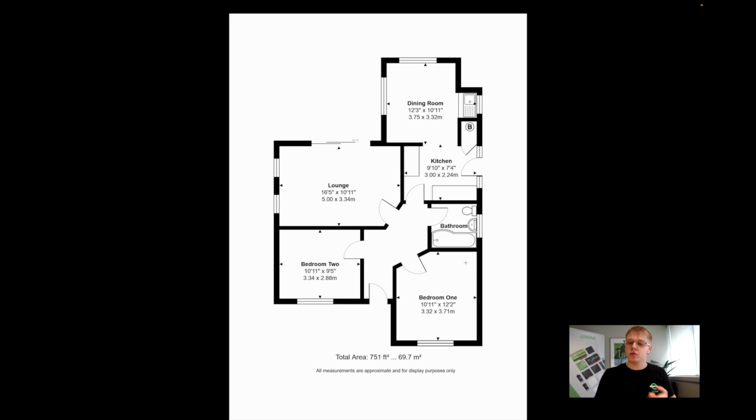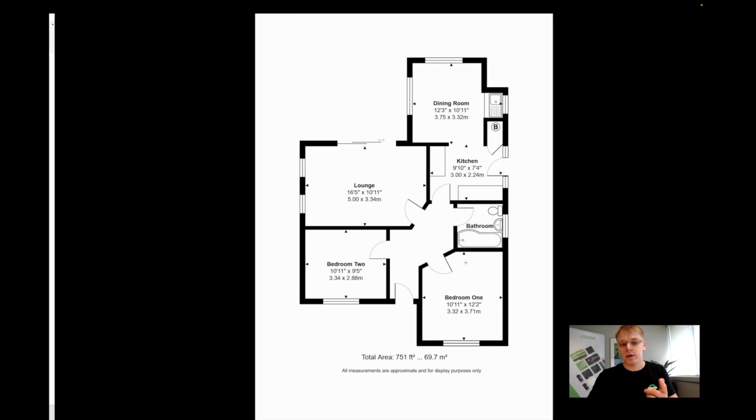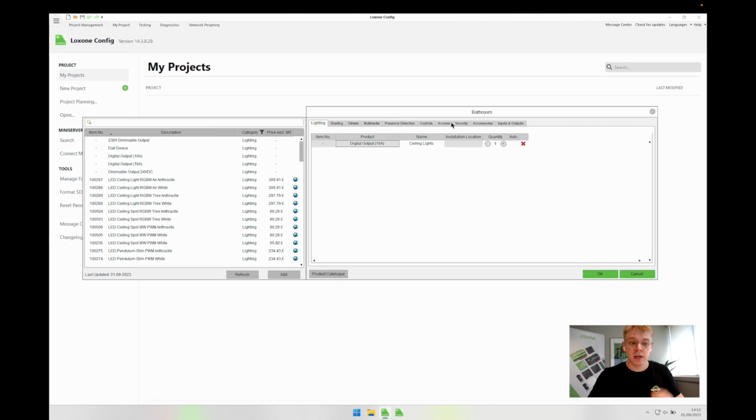Whereas if I go for the Loxone ceiling light, this could offer us the potential to only have 1 device and have more ceiling space. So I'm going to remove the relay and I'm going to select the LED ceiling light tree in white. This has just added the 1, which is all fine. I don't need to rename it because it's called the ceiling light.